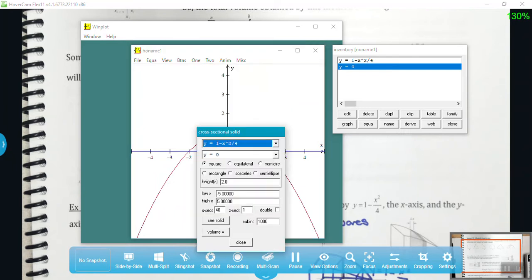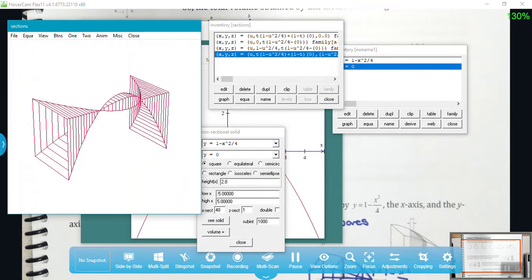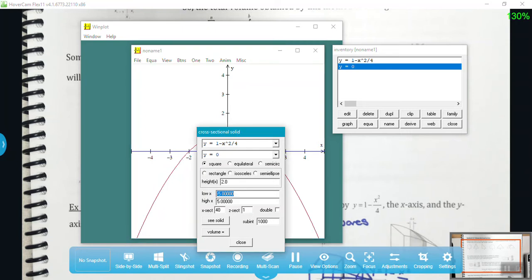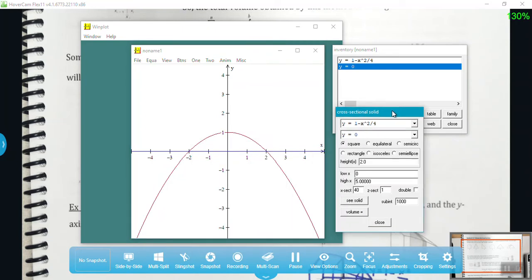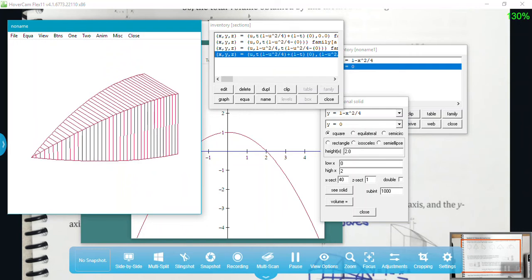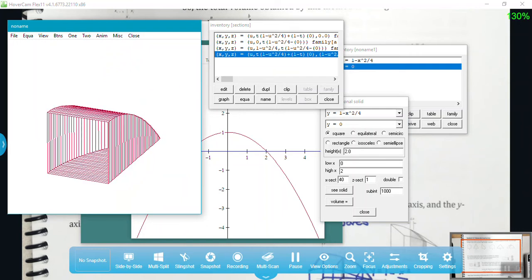Squares, cross sections. Oh geez, my low is, we started at 0. What's my intersection of these two? 2, right? 0 to 2. Okay. There we go. All right, so there's your cross section right here.